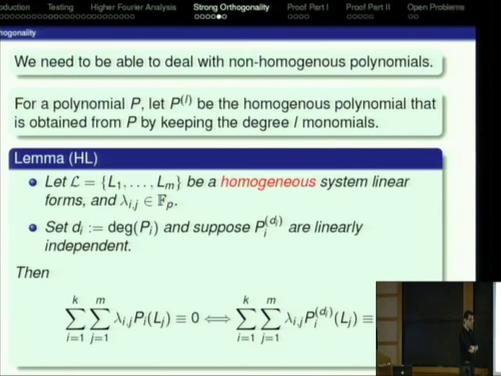The presence of the first variable in all the linear forms. Yes, with the same coefficient. So this doesn't hold if your system is not homogeneous. It only holds for homogeneous systems of linear forms. But in testing, all the linear forms that we use are homogeneous. So it's fine when we want to apply this.